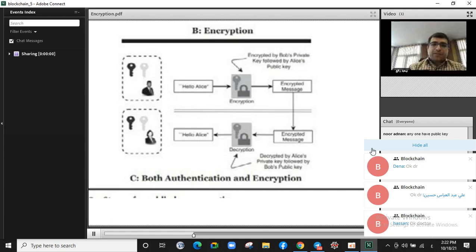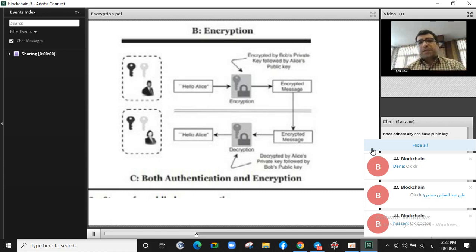When Alice receives it, she first uses her private key to unlock, and then again uses Bob's public key to decrypt the message, and now she can read the message.